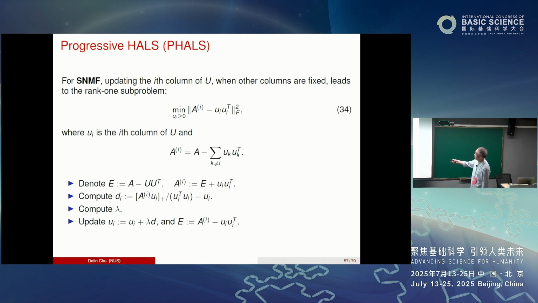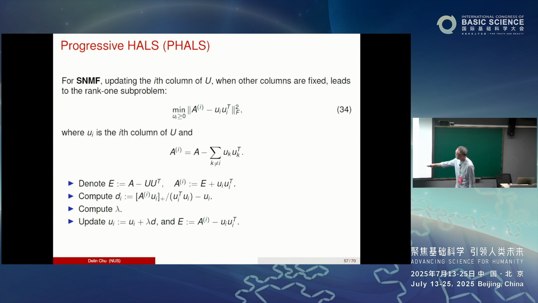Then we can apply the results we just showed to the symmetric non-negative matrix factorization problem. Now we need to update u_i based on this rank 1 symmetric non-negative matrix factorization problem. We have A_i equal to A minus the summation of u_k u_k transpose for k not equal to i. Now we can denote E equal to A minus U U transpose. Then from E we get A_i equal to E plus u_i u_i transpose, in order to save the computation cost.